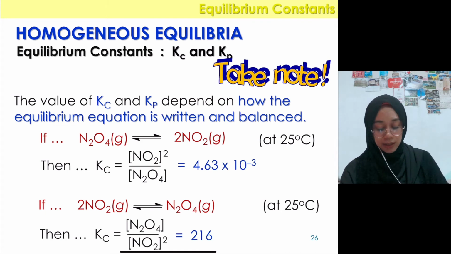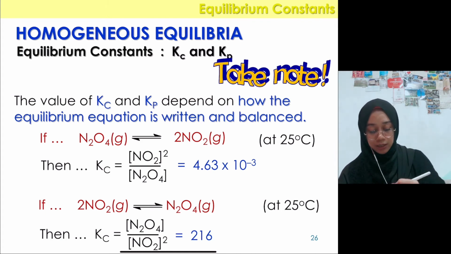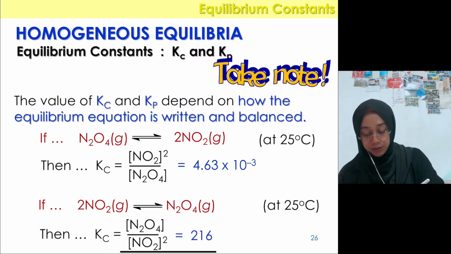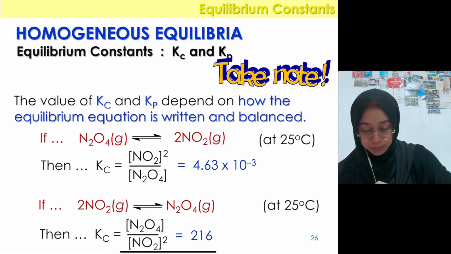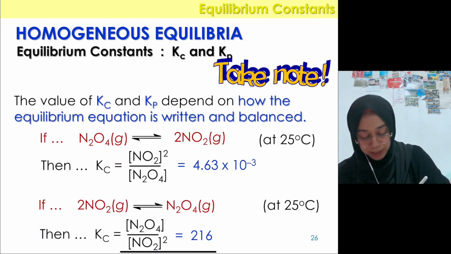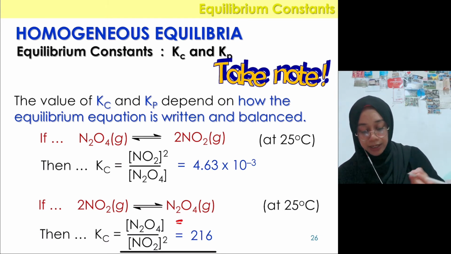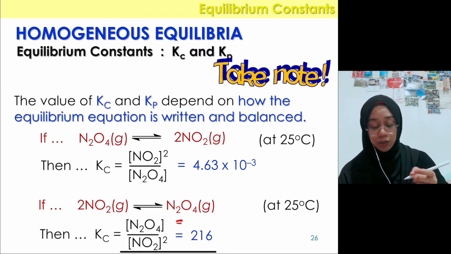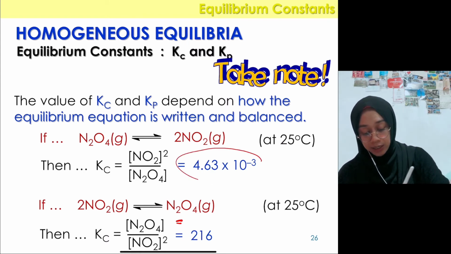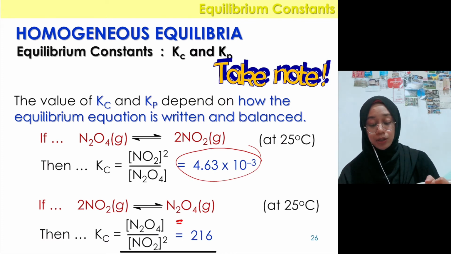Okay, so basically to get this 216, let me write it up here. First it equals, so if you flip it, it becomes 1/K initial, right? So your K initial earlier is this one, 4.63 exponent negative 3.